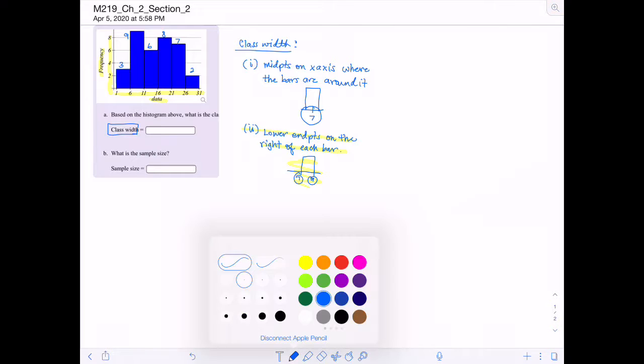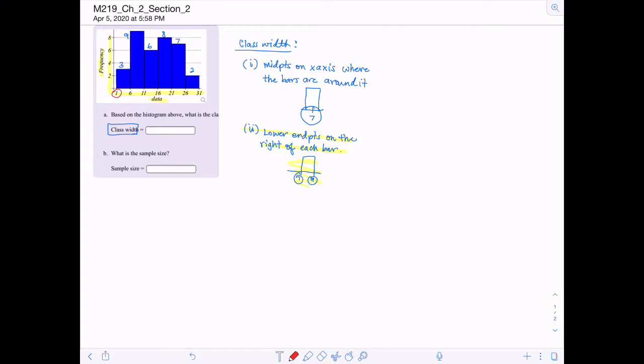So I just want you to take a look at our lower endpoints: 1, 6, 11, 16, 21, 26, and 31. So the first part of this is the class width, where the class width is the difference between two lower class limits.